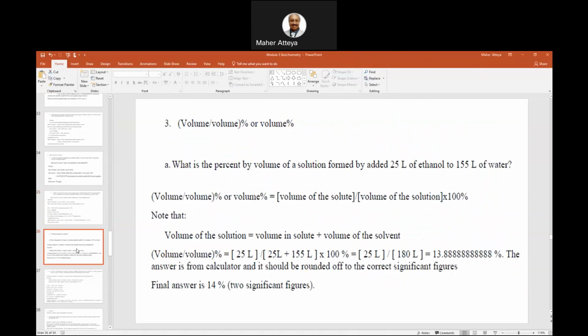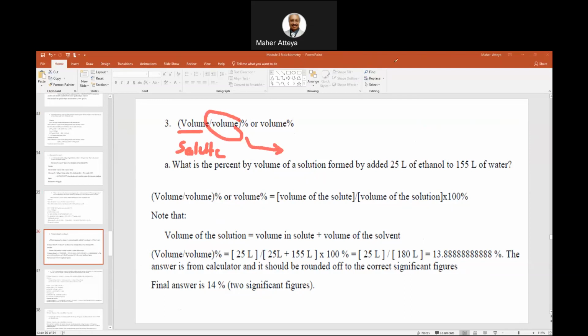So let's do it for volume. So volume over volume. The volume of the solution is the sum, the same thing as with the mass. So here, look at this, guys. This is the solute here, correct? Now the bottom here is nothing less than the sum.